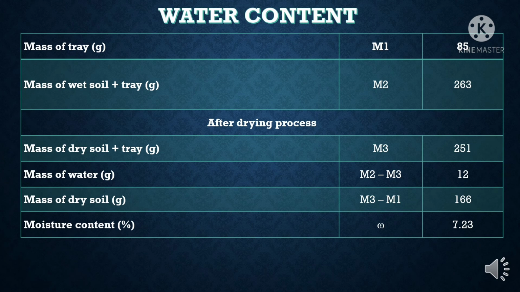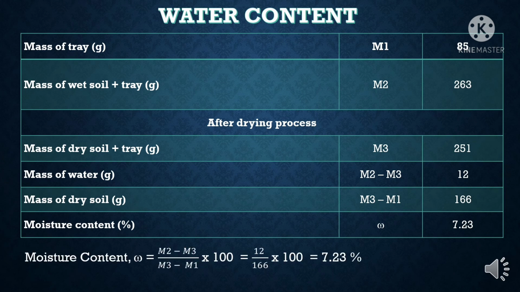Mass of water, using the formula M2 minus M3, equals 12 gram. Mass of dry soil, M3 minus M1, equals 166 gram. And I get the moisture content by using the formula M2 minus M3 over M3 minus M1 times 100, which is 12 over 166 times 100, which is 7.23%.